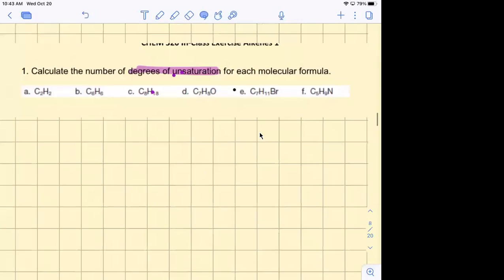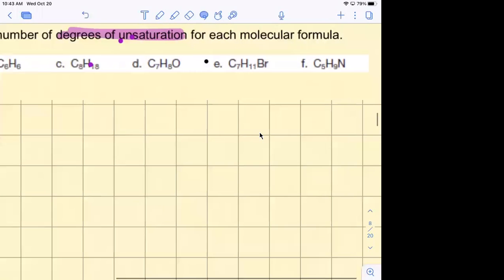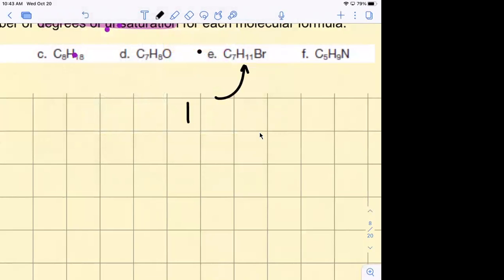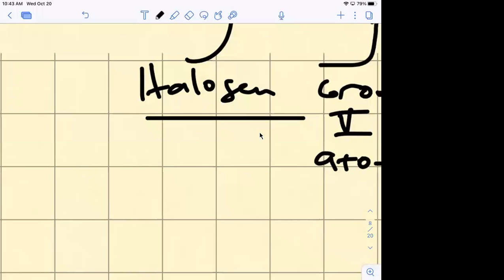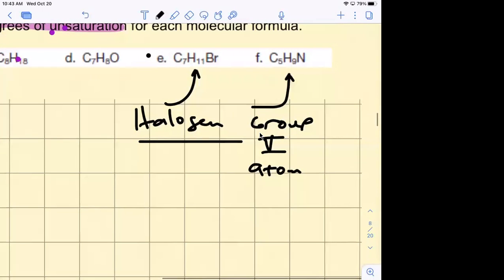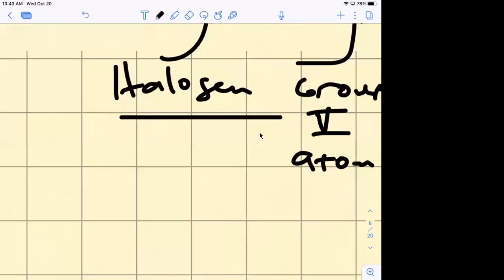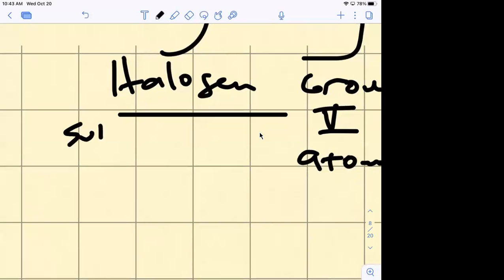So E and F are special cases, because with E, you have a halogen present, and with F, you have a group 5 atom. When you have a halogen present, it doesn't matter if you have 1 halogen, 2 halogens, 5, you're going to subtract 1 from HREF for every halogen that's present.